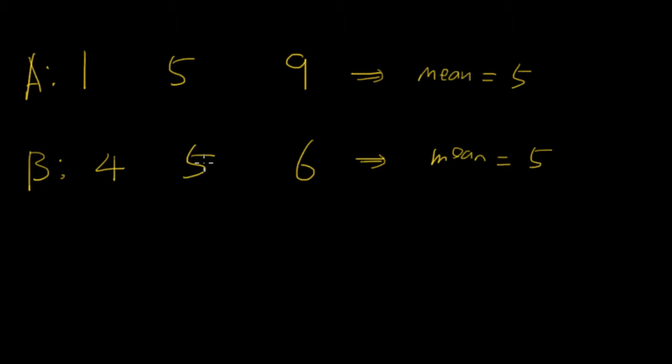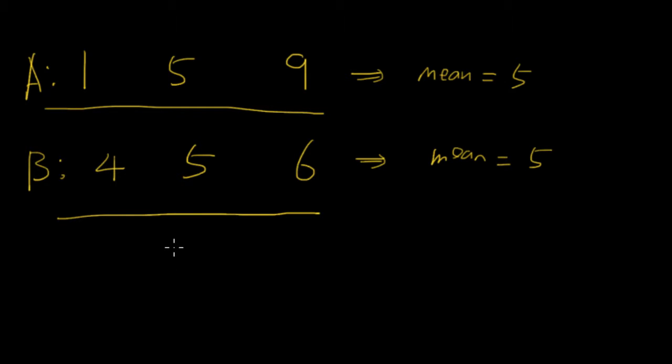So if you just compare the mean and the median, they don't really have a mode because they don't have any repeating value. If you just compare these two, you know that these two data sets are the same in terms of the mean and the median. But you know that this data set is rather spread out. This data set is rather concentrated.